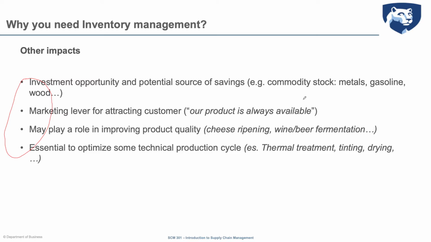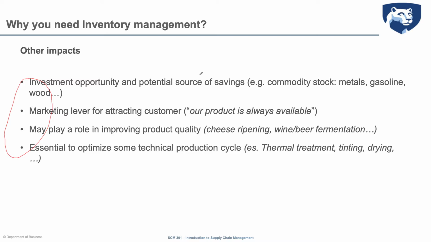This type of commodity is quoted in the market. So you can do some financial activities, buying and reselling according to market conditions to gain value. You can make investments and create inventory which is not used for production, but only for financial purposes, which can realize savings for the companies.